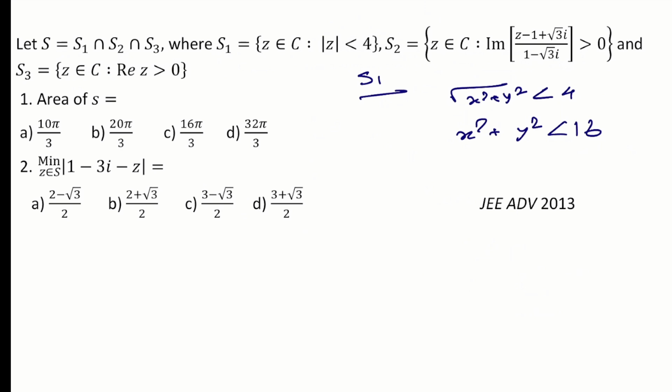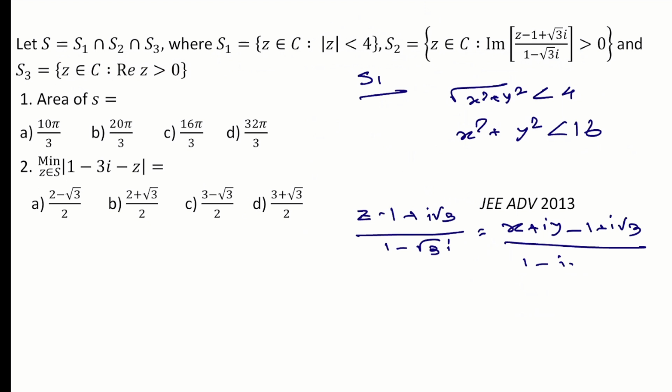And in the second case, the imaginary part of this expression is greater than 0, so let us solve for the imaginary part. We can write this as (z minus 1 plus i root 3) divided by (1 minus root 3 i). With z equal to x plus iy, and since we need its imaginary part, we can write (x plus iy minus 1 plus i root 3) divided by (1 minus i root 3).